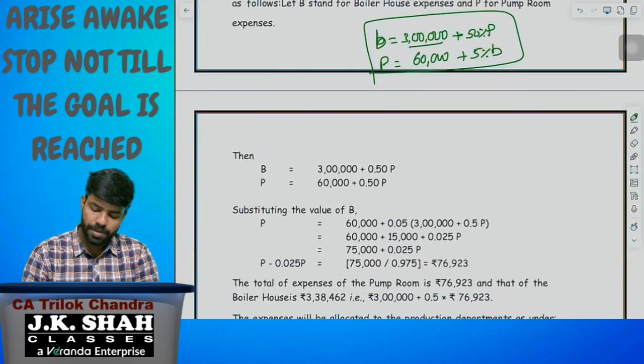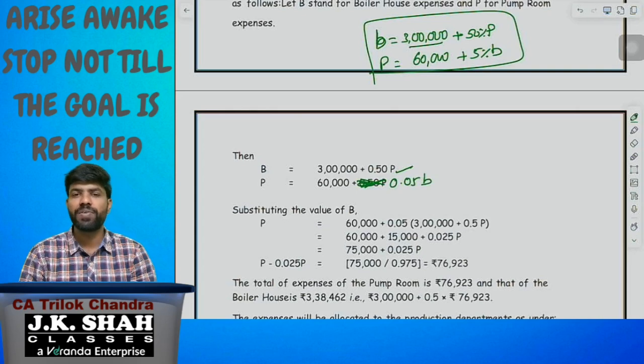Look here. B equals 3 lakh plus 0.5 P, correct. P equals 60,000 plus 0.05 B. This is the error, so make a correction: 0.05 B.